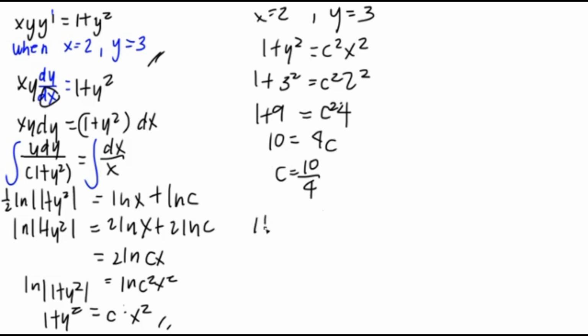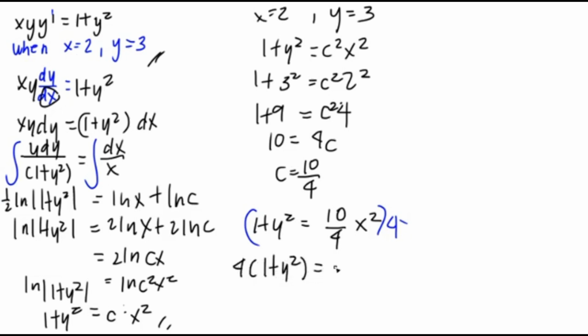So, magiging 1 plus y squared is equal to 10 over 4 x squared. So, multiply natin both sides by 4 para ma-cancel natin to. So, by 4, magiging 4 times 1 plus y squared is equal to 10x squared.